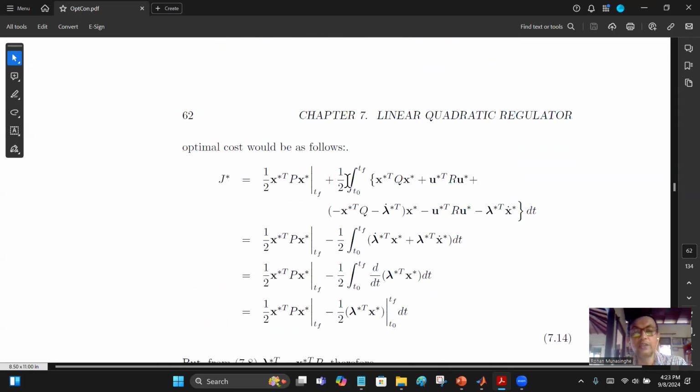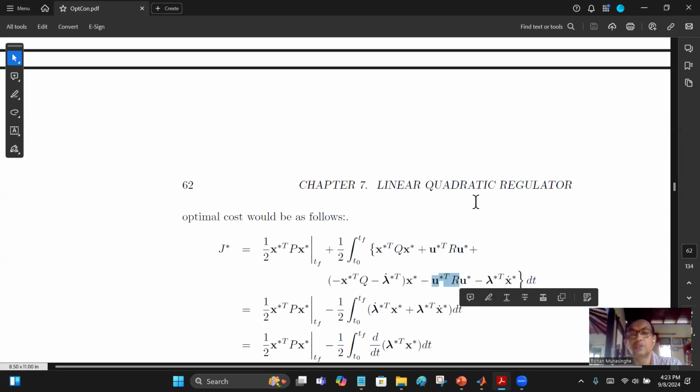So when you do that, you can write it like that. This is the cost written again without the time, simple t, because otherwise it would be a longer equation. Now you don't have lambda transpose A and lambda transpose B. So in place you have this one for lambda transpose A and this one for lambda transpose B.